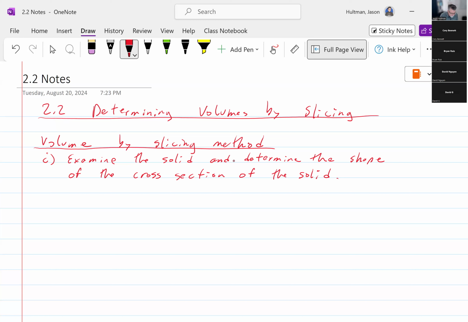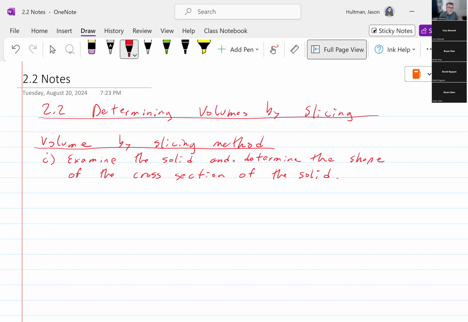So it depends on what we're finding the volume of, right? If we find the volume of a cylinder, what would be the cross sections? A circle, yeah, exactly. If I took a pyramid, what would be the cross section?